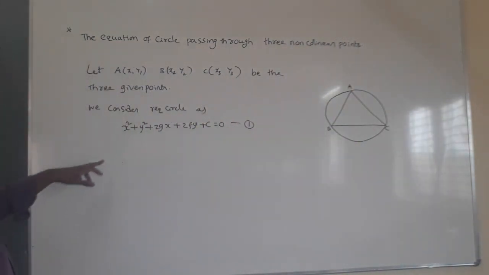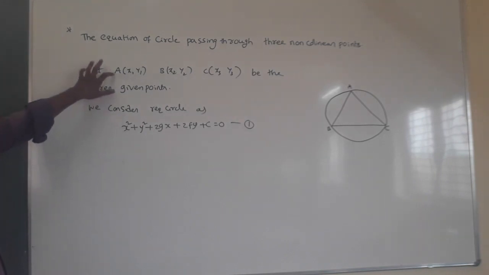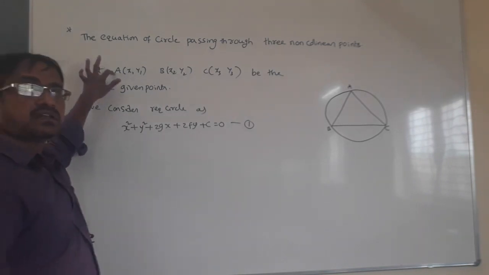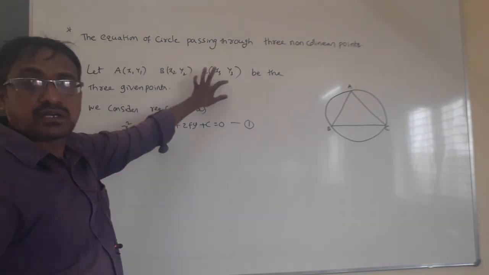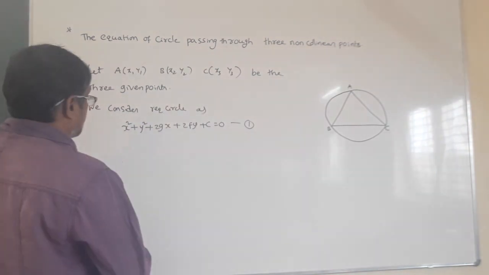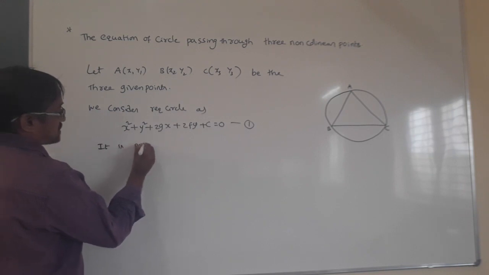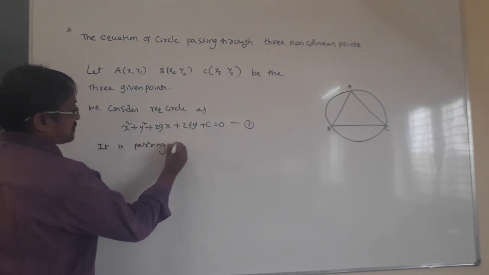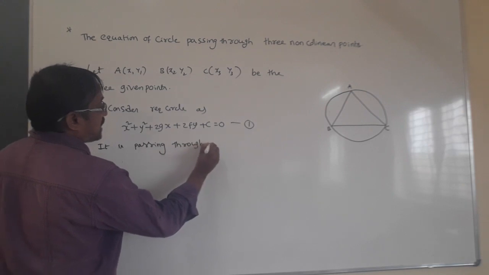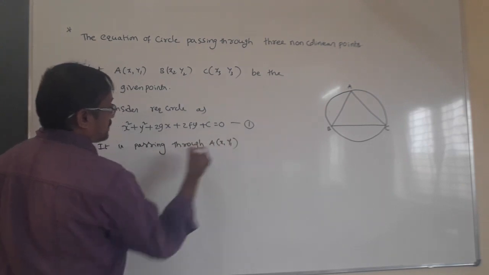Now it is given that this circle is passing through A(x1, y1), B(x2, y2) and C(x3, y3). Suppose it is passing through A(x1, y1).